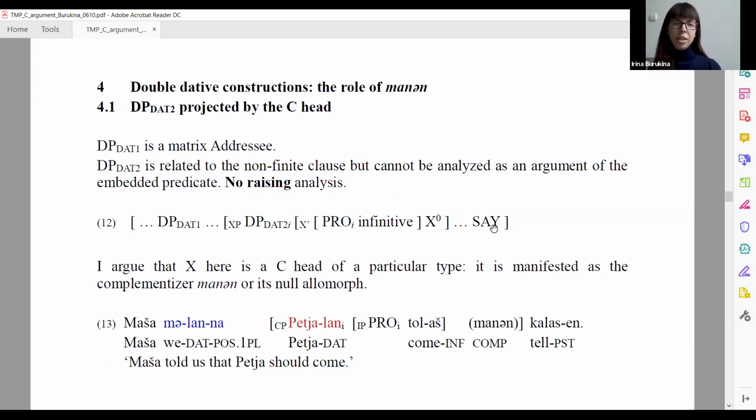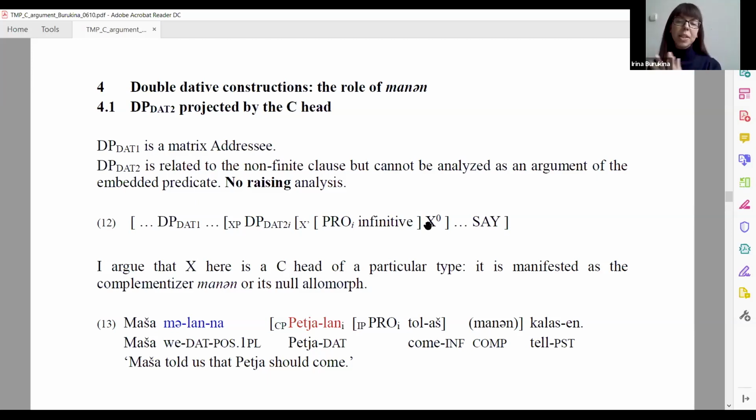So again, Mari is a head-final language, so all heads are on the right side in the structures. And specifically, I argue that this X here, this head that combines the dative DP and the embedded clause together, is actually the C head of the embedded clause. And it is a C head of a particular type.